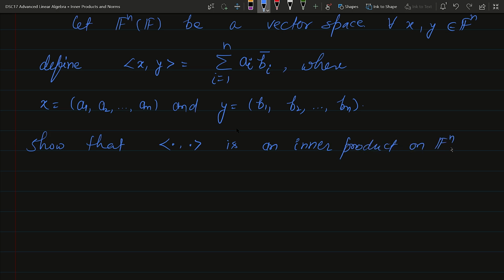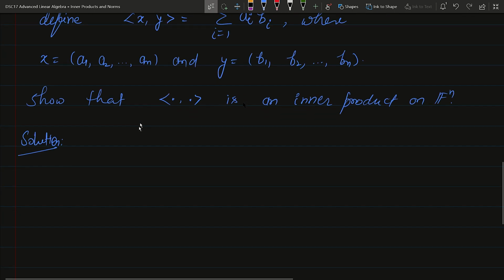ठीक है, so let me write the solution first, then we will discuss something new in this particular answer.